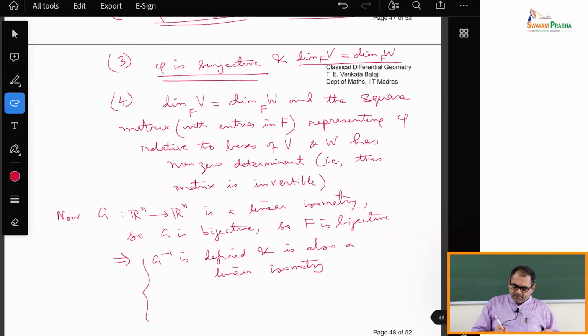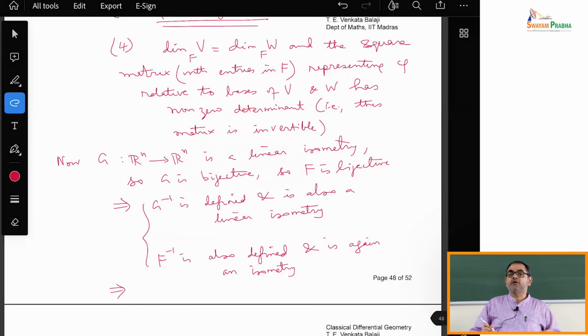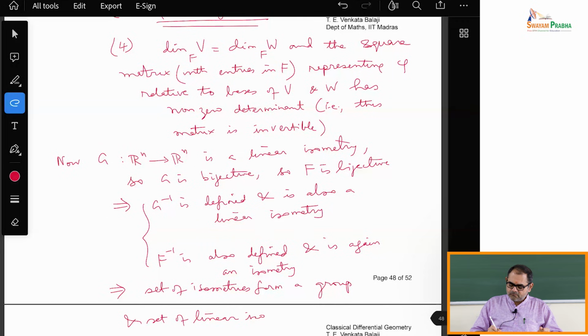Okay, and it also implies that f inverse is also defined and is again an isometry, and the net effect of all this is that the set of isometries form a group and the set of linear isometries also form a group.